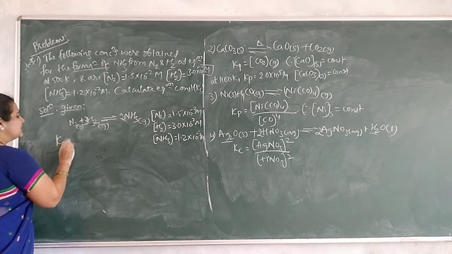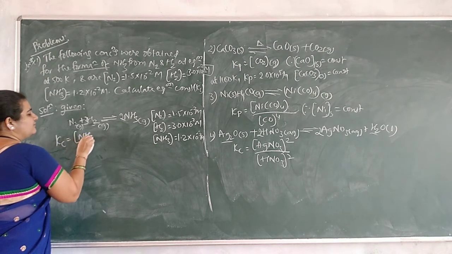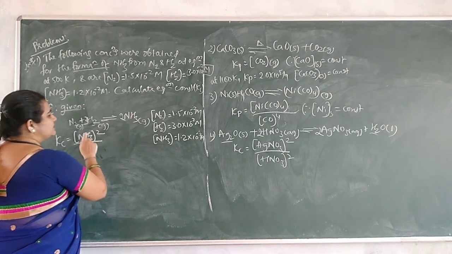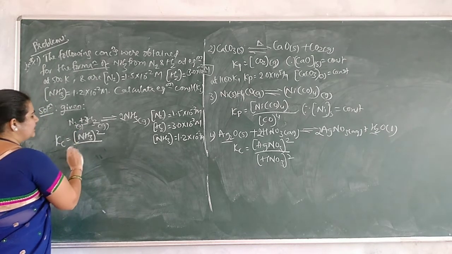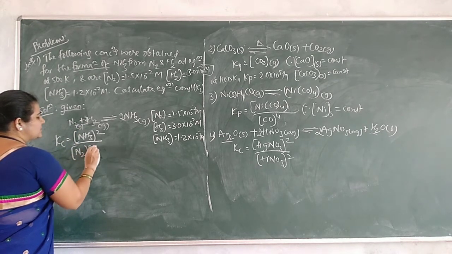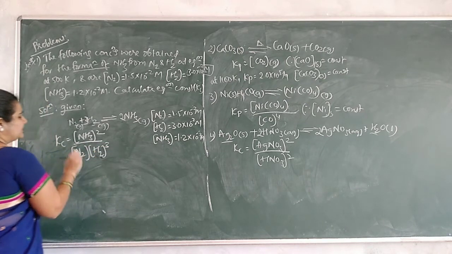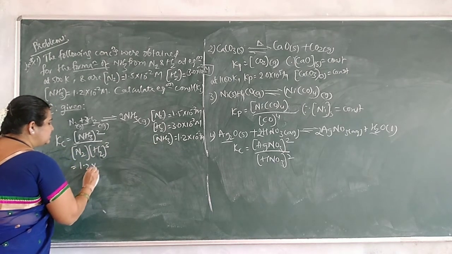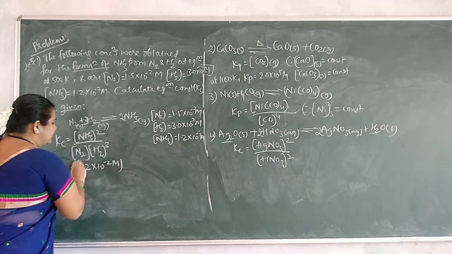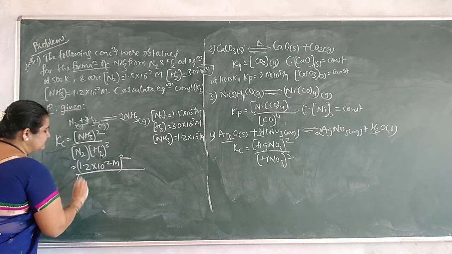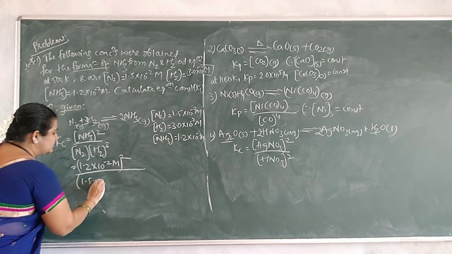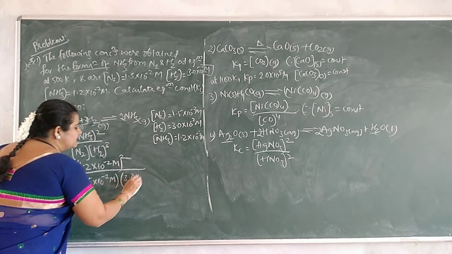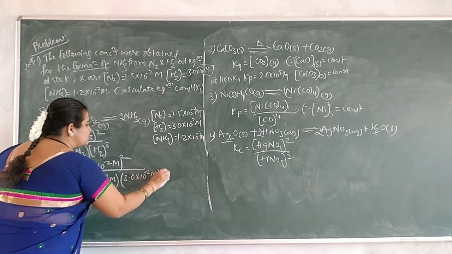Kc is equal to concentration of NH3 raised to 2, that is products raised to their powers, divided by reactants raised to their powers, N2 into H2 raised to 3. Substituting the values: 1.2 into 10 raised to minus 2 M whole raised to 2 divided by 1.5 into 10 raised to minus 2 M into 3.0 into 10 raised to minus 2 M whole raised to 3.